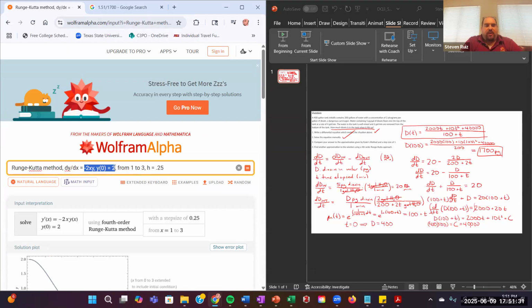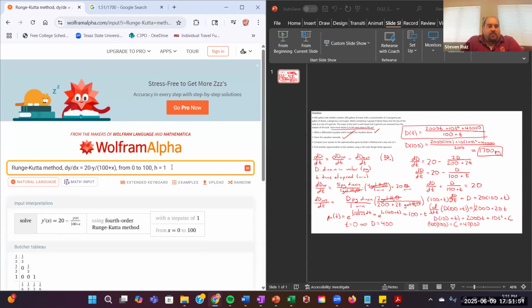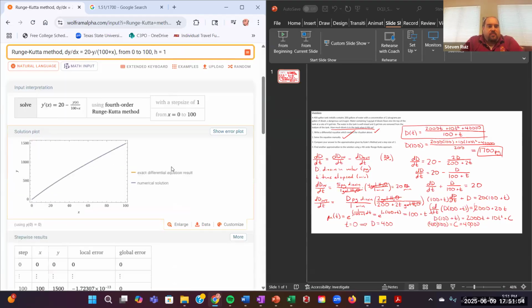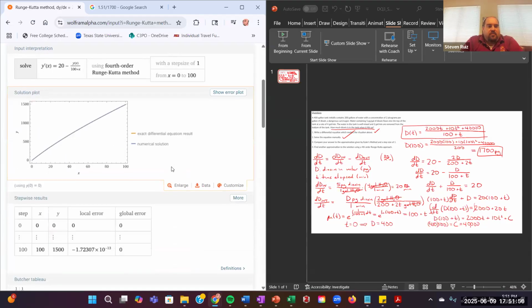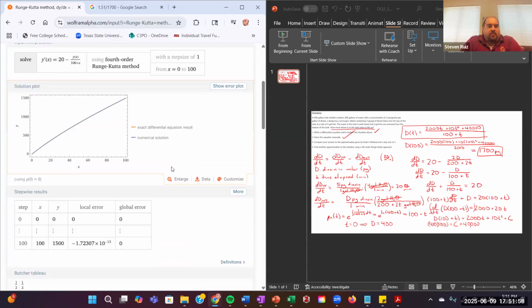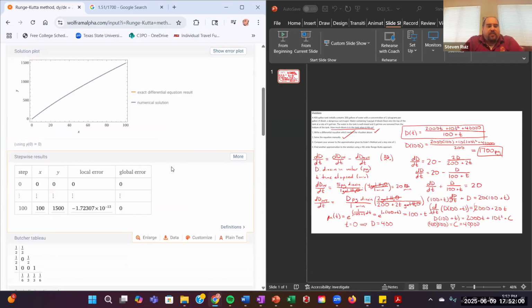Same equation, dy/dx equals 20 minus y over 100 plus x from 0 to 100, h equals 1. All right, so let's see how this does. 1,500? That doesn't seem very close.